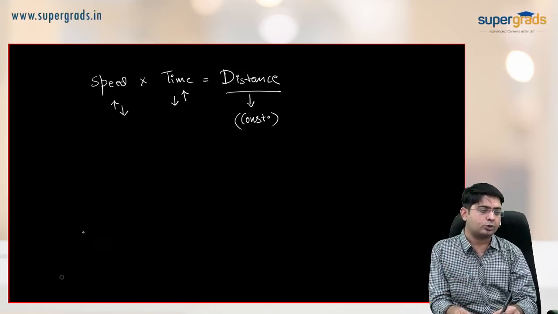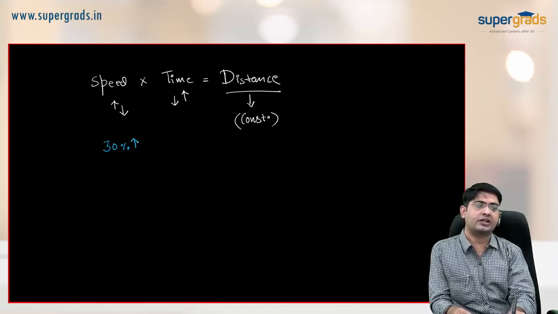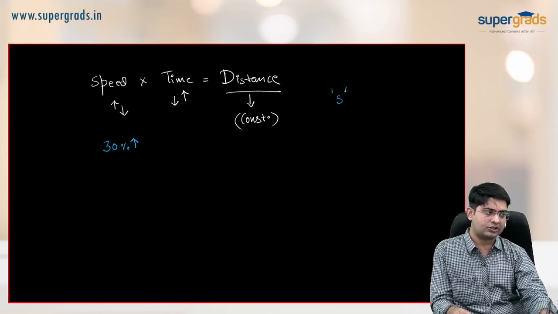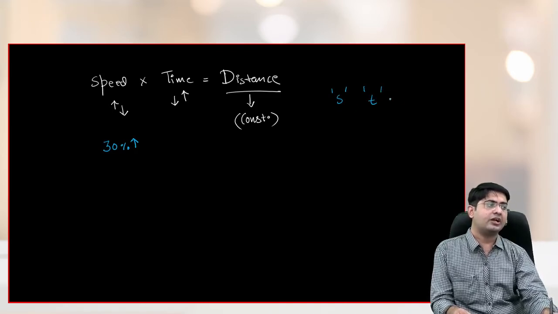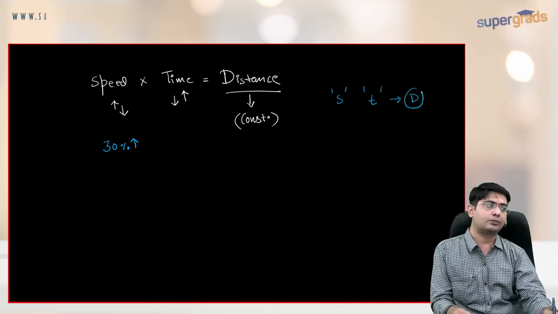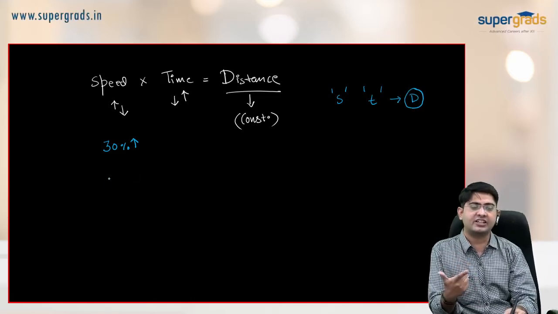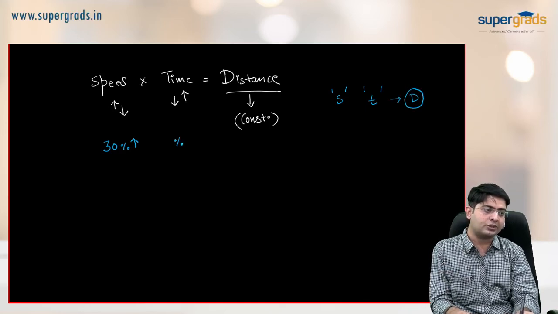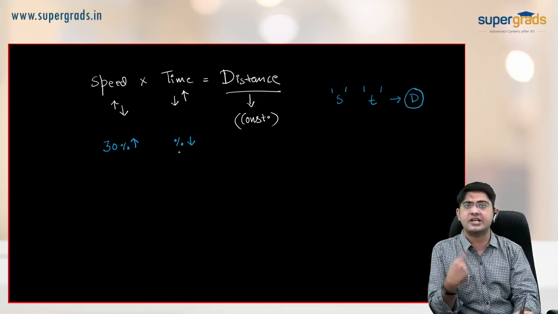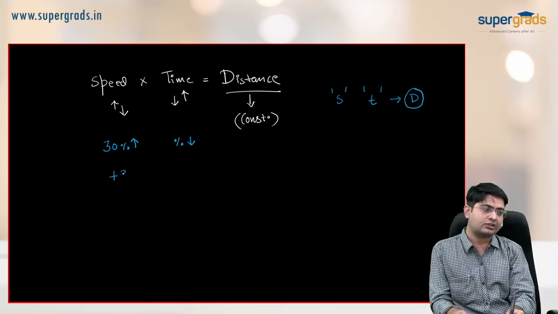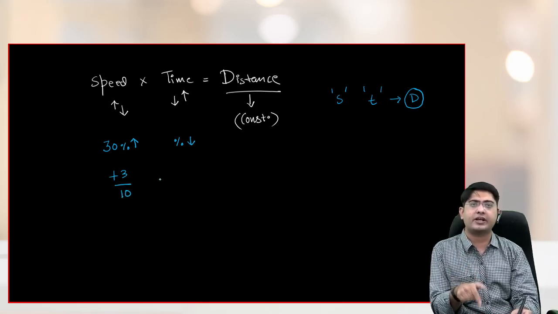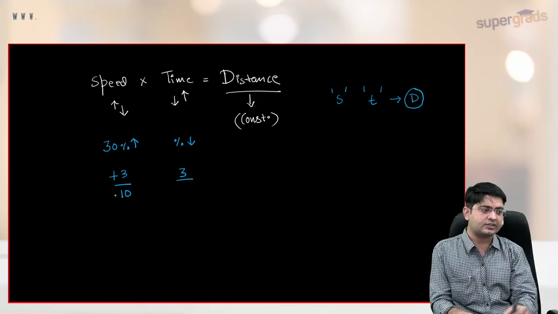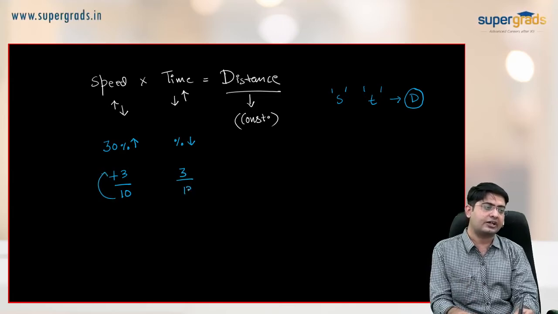Suppose speed has increased by, let's say, 30%. The initial speed was s and the initial time was t to cover this constant distance d. If speed has increased by 30%, by what percent will time reduce to cover the same distance? 30% is plus 3 upon 10, so we can find the fraction of time directly: numerator as it is, and 10 plus 3 is 13.